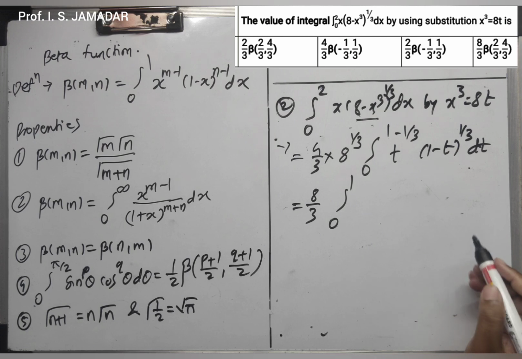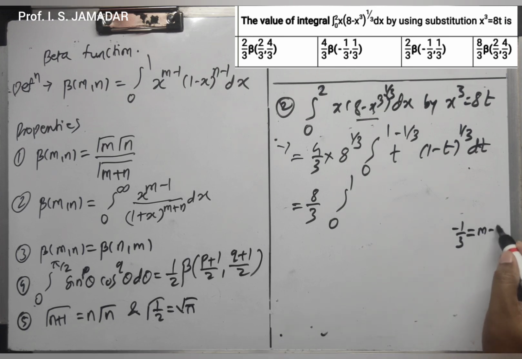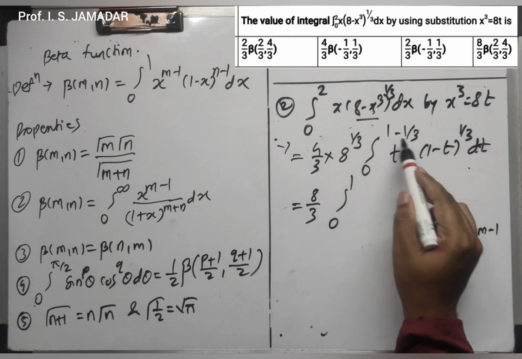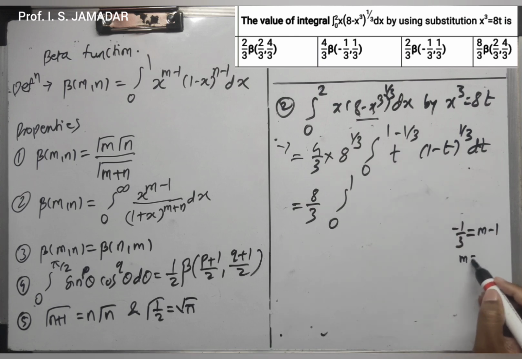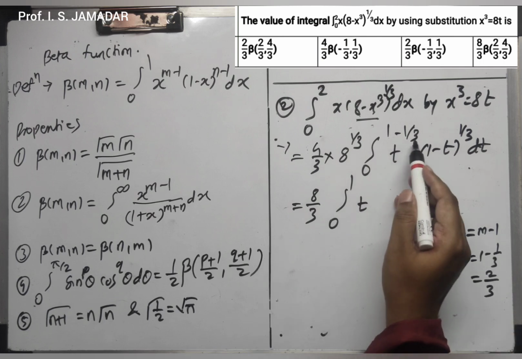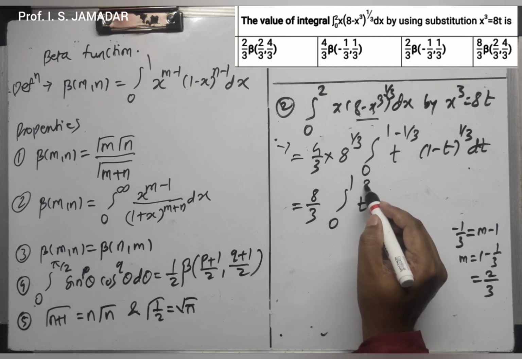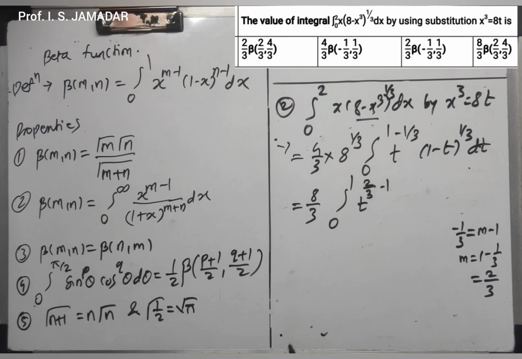Now this minus 1 by 3, how can we write it? Minus 1 by 3 we have to write as m minus 1. So m will be equal to 1 minus 1 by 3, meaning 2 by 3. So t raised to minus 1 by 3 we can write as t raised to 2 by 3 minus 1.